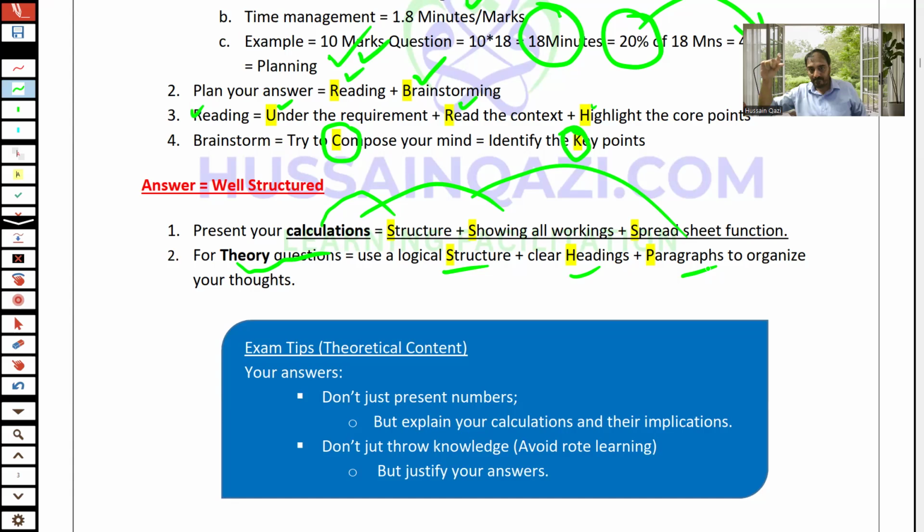Use proper headings. If there are 3 possibilities of Islamic financing, make clear headings, Murabaha, Sukuk, whatever. And whatever you identified as key points during brainstorming, present your thoughts in a paragraph format.